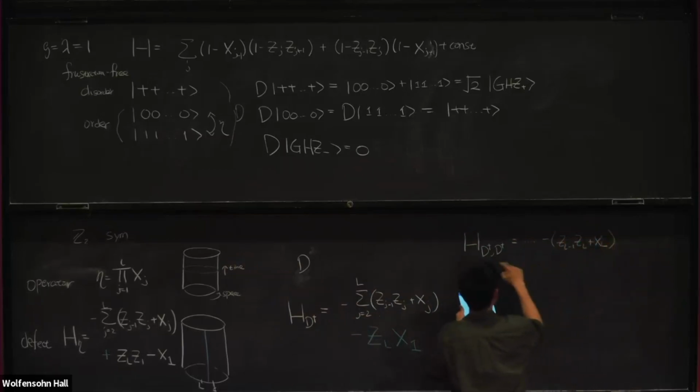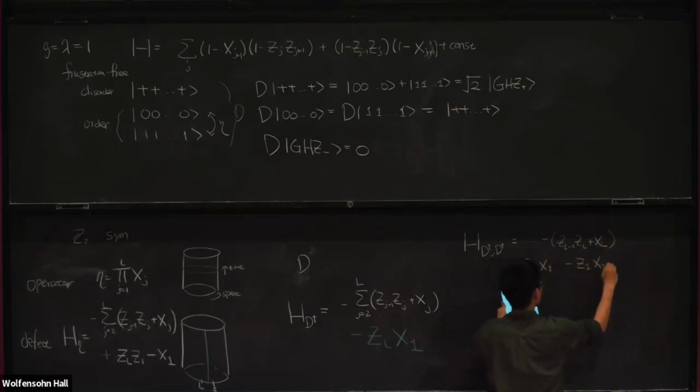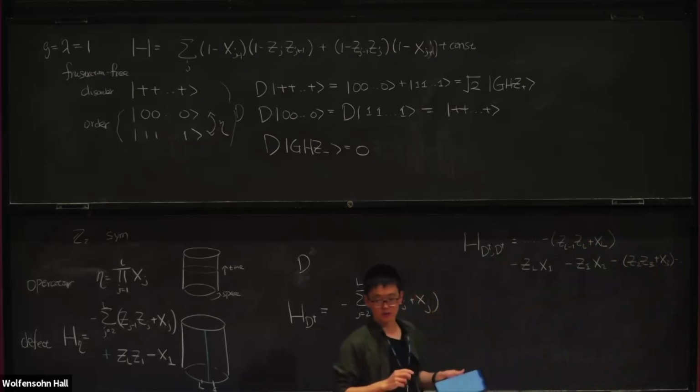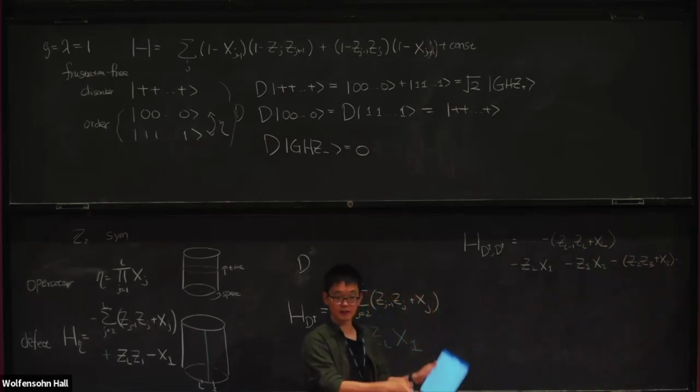But then near these 2 defects, I have minus Z_L X_1. I have another one that's minus Z_1 X_2. And then after that point, it becomes normal again. Okay. So this is the Hamiltonian that represents the insertion of 2 such non-invertible defects.